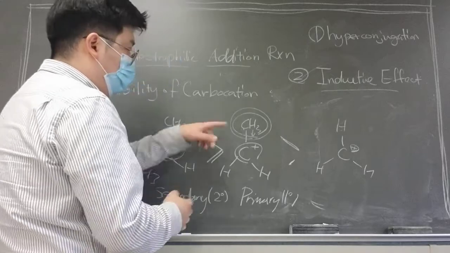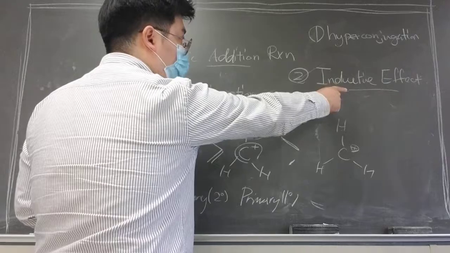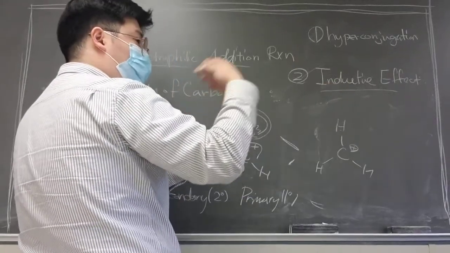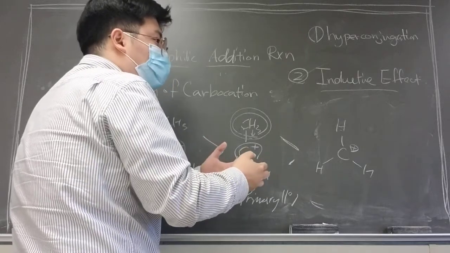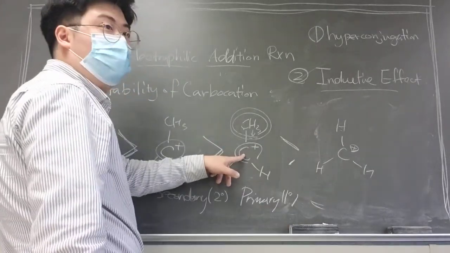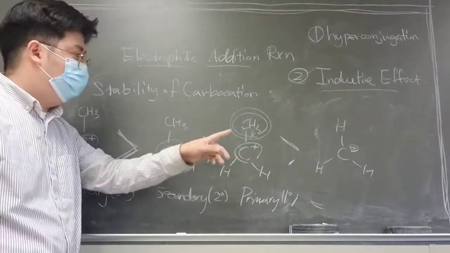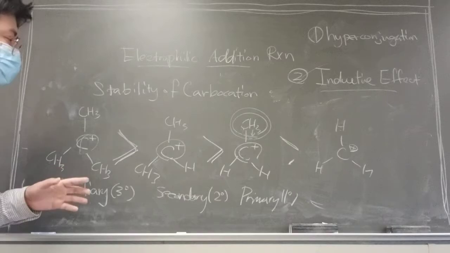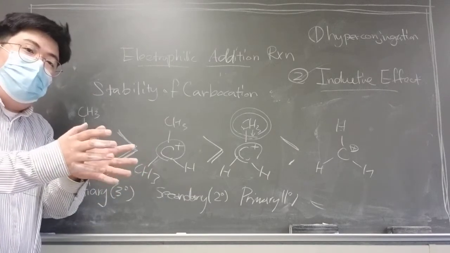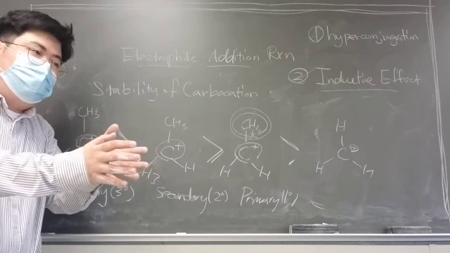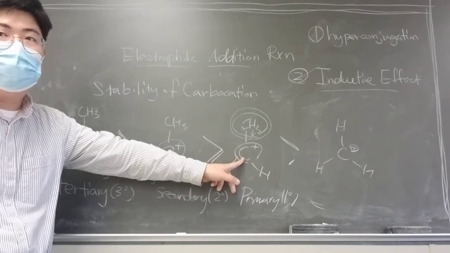It doesn't mean they're actually giving the electron to here. No, that's not what it means. It's inductive. It does not take the electron from the atoms, but it provides a friendly environment for this carbon cation. This is positively charged, but if there are more substituted R groups, because of the carbon, relatively speaking to the hydrogen, that will give a more electron-friendly, accessible environment for this central carbon cation.